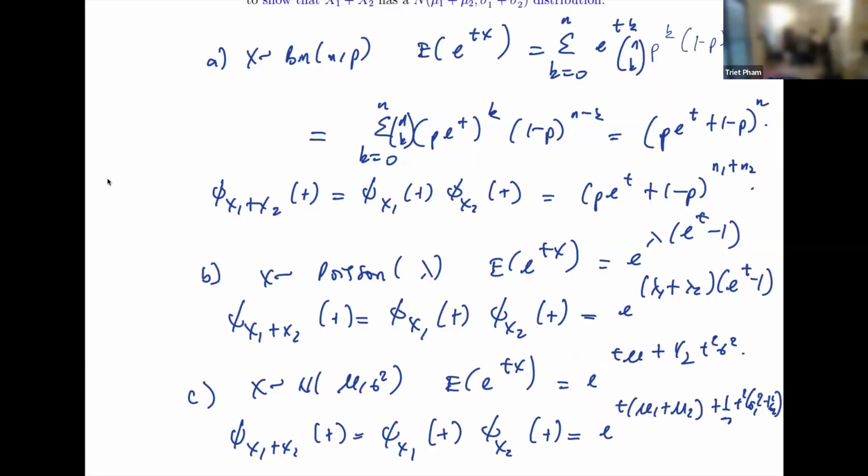Once again, this looks exactly the same as the moment generating function of a normal with the corresponding parameters. Any question about this?